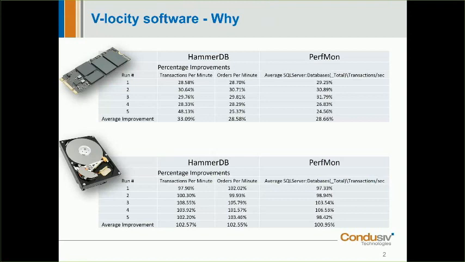And as you can see from the metrics recorded by HammerDB, on the SSD storage, there was about a 30% improvement in the number of SQL transactions that could be processed per minute. And this was backed up by the perfmon metrics that showed a 28% improvement in transactions per second. When running the tests again using spinning hard drive storage, there was around 100% improvement.